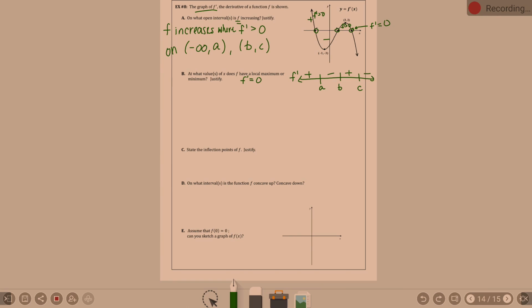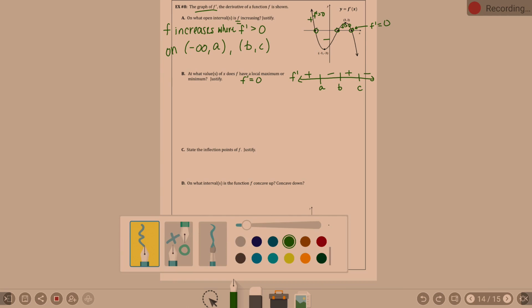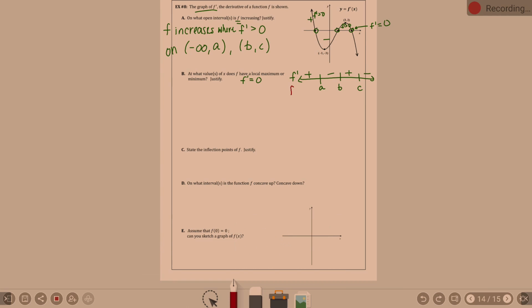A positive derivative indicates that my graph is increasing. Negative derivatives indicate my graph is decreasing. So at A, we change from increasing to decreasing, which is a max. At B, we change from decreasing to increasing, which is a min.